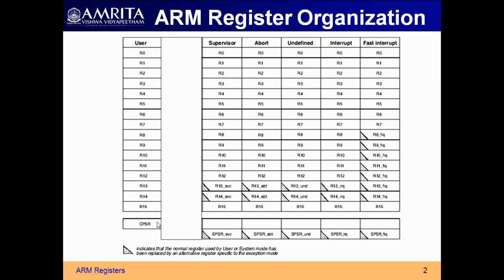It won't affect the CPSR. So whatever content of CPSR is there will be copied onto the corresponding SPSR, and in that particular mode, any changes in the status bits will modify only the SPSR content. CPSR content will not be modified. That is the advantage of using separate SPSRs. Right? Any doubt?